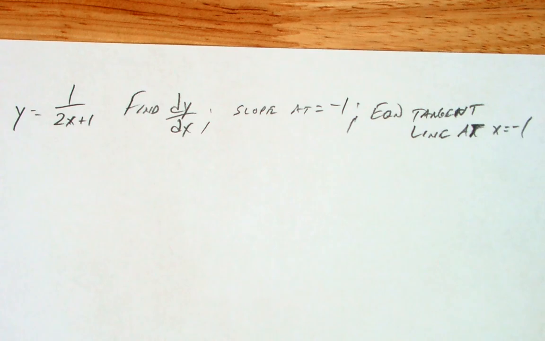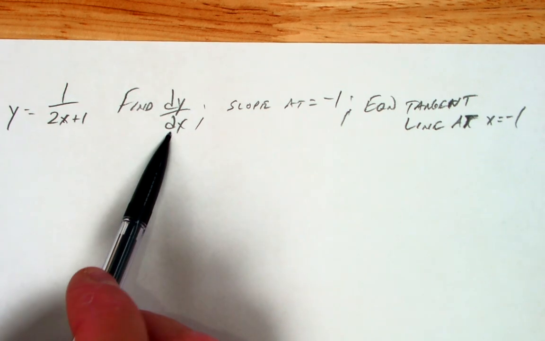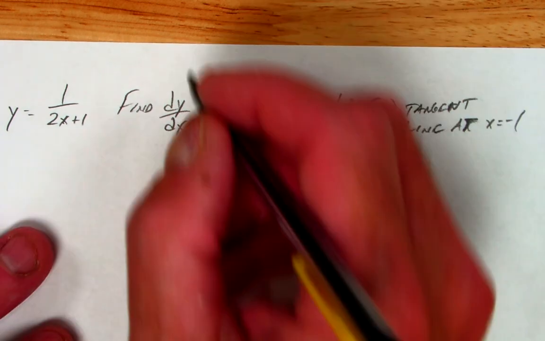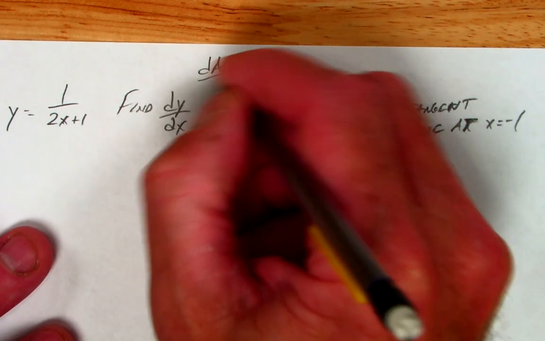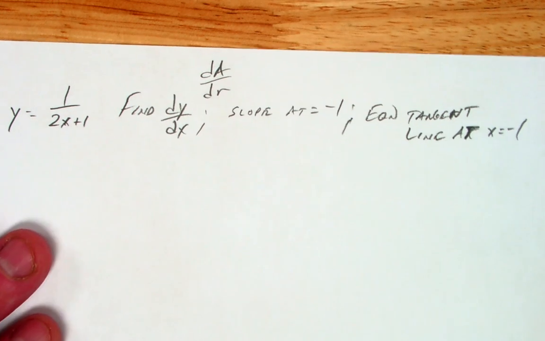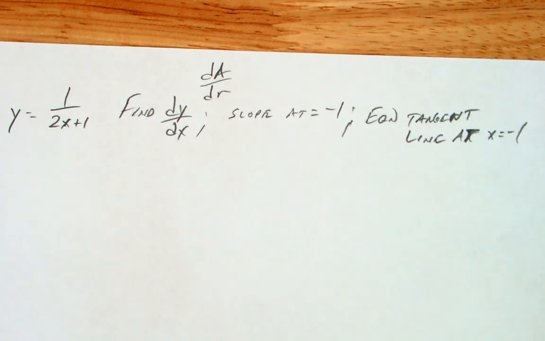But later on, dy/dx is going to be very powerful, because we're going to be doing something like dA/dr, which represents the rate of change of the area in relationship to the radius. So then that notation is going to have some meaning to us.